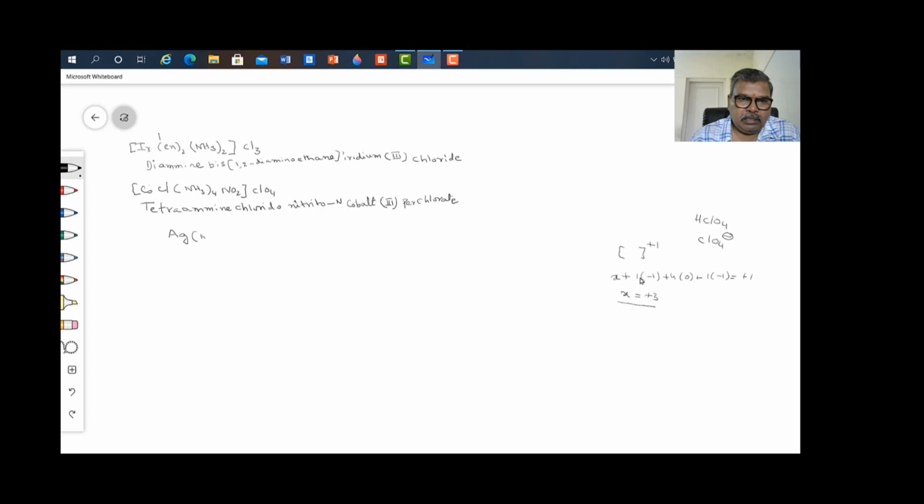Ag, NH3 taken twice, Cl. So already we know the silver oxidation state is +1.